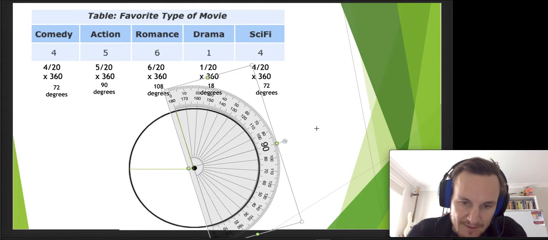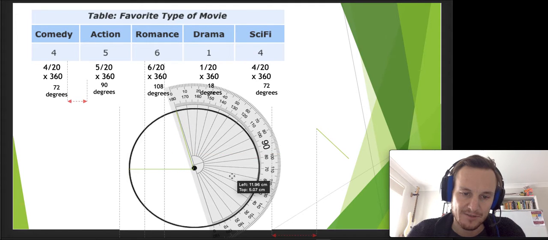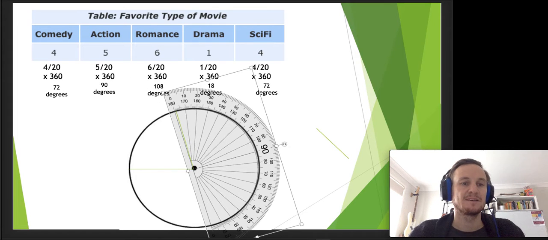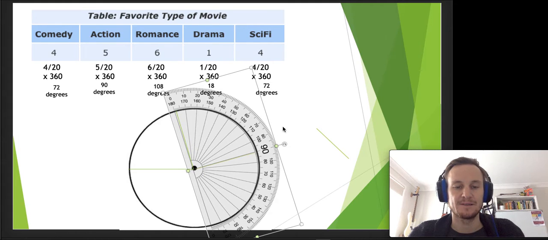Okay, I'm going to make sure that's right in the middle. I'm just going to make sure that my protractor is right in the middle of the center of the circle, otherwise it won't work. Okay, so then I'll insert and I'll draw 90 degrees here, straight up is my next one.